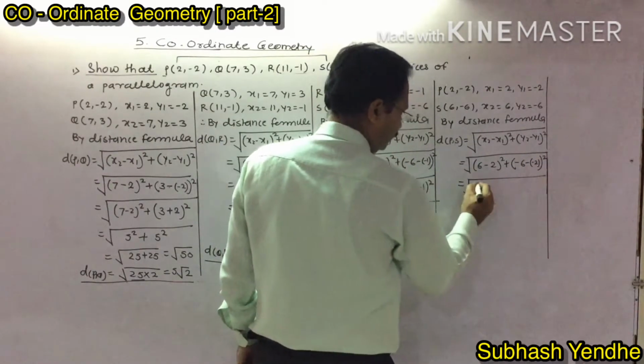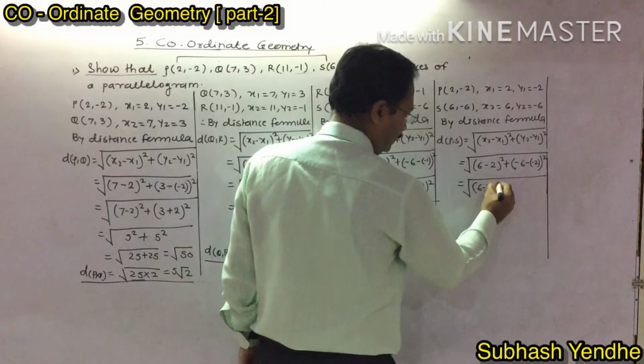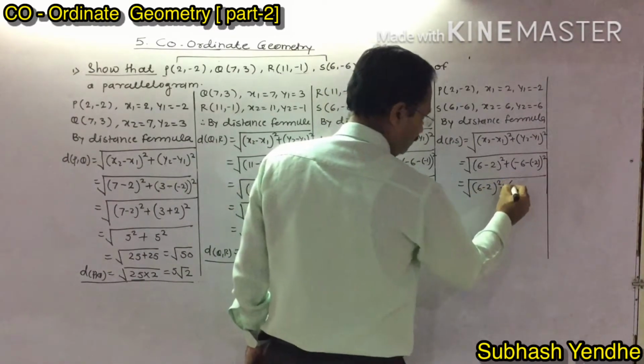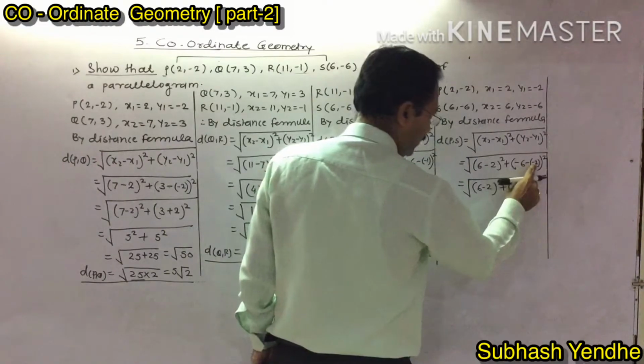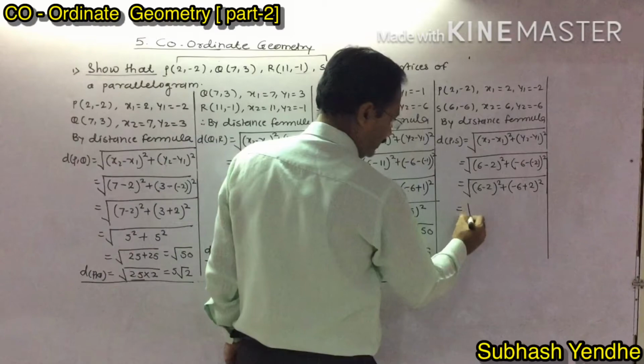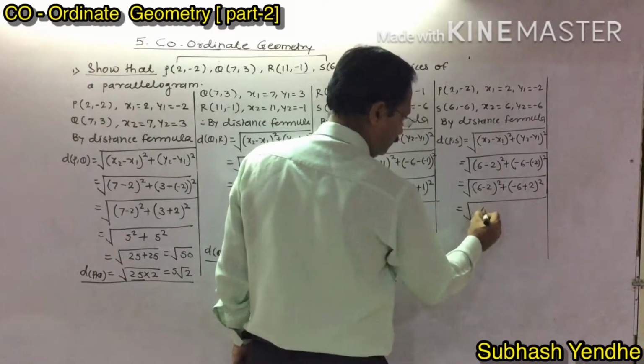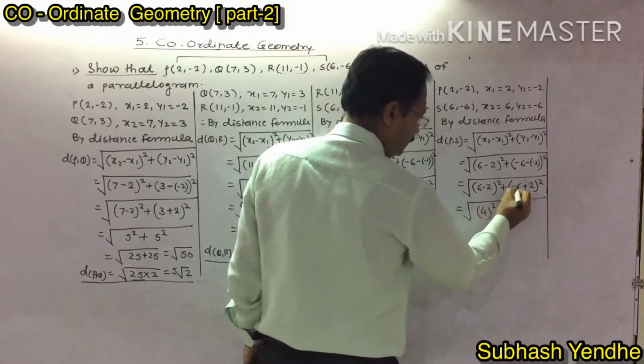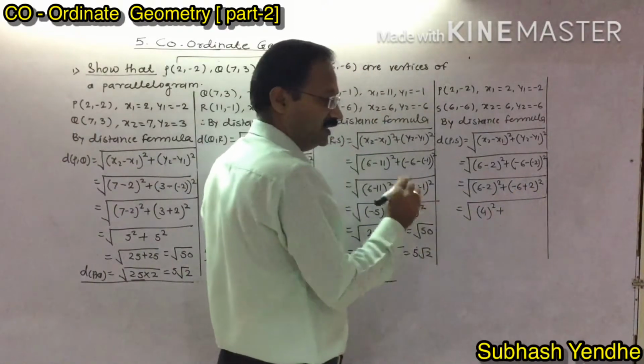So here 6 minus 2 will remain as it is, then minus 6 minus, and this minus will be converted into plus. So you will get 6 minus 2, 4 square, plus minus 6 plus 2, signs are different.